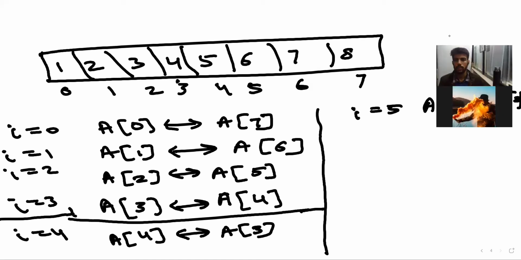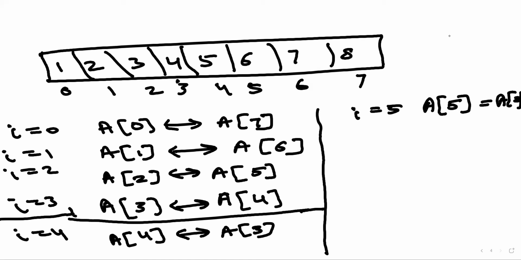Does this make sense? That we have to stop at n by 2. If you stop at n by 2, you will reverse the entire array. But if you run till the last point, you would end up with the array that you started with.